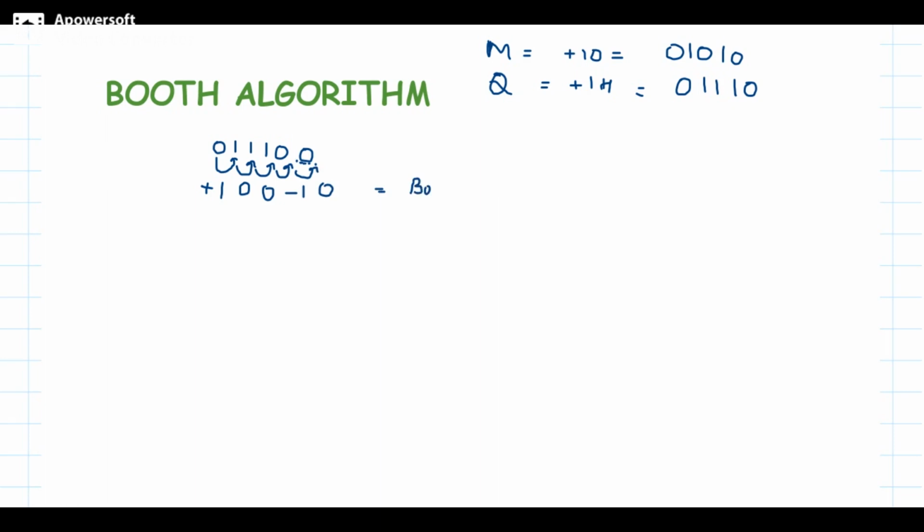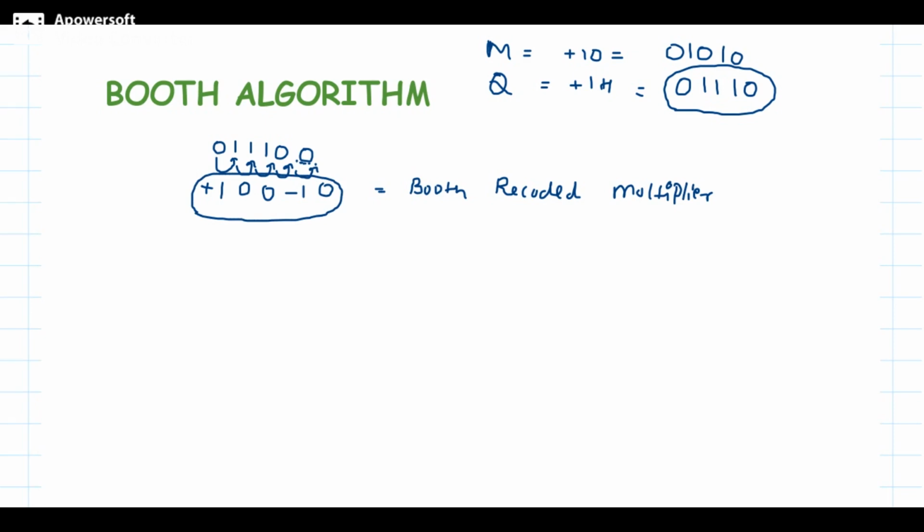the Booth recoded multiplier. Now instead of this q in the problem, I'll consider these values while performing the multiplication operation.